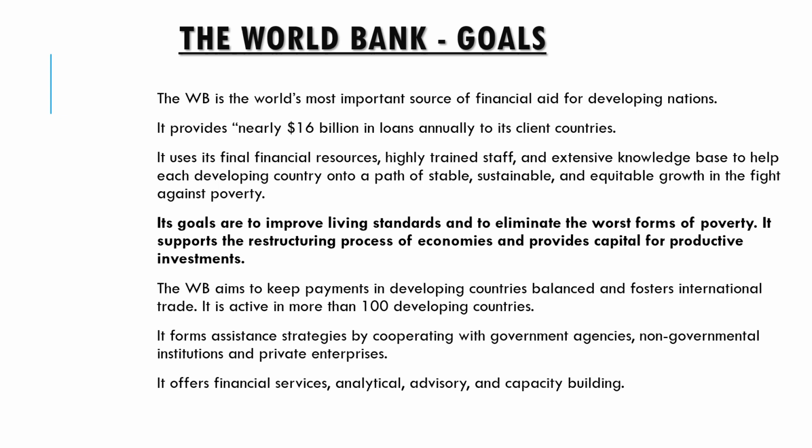It uses its financial resources, highly trained staff, and extensive knowledge base to help each developing country achieve sustainable development and growth, and to fight against poverty. The goals are to improve living standards and eliminate the worst forms of poverty.